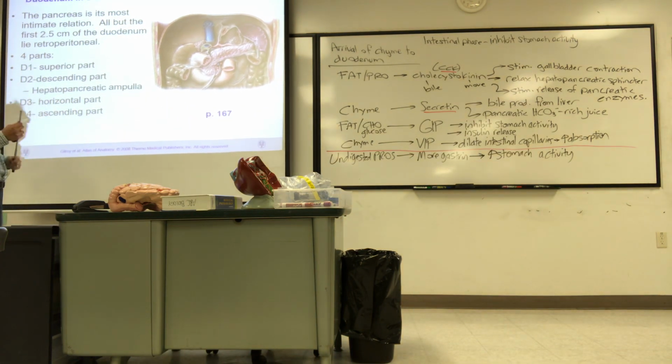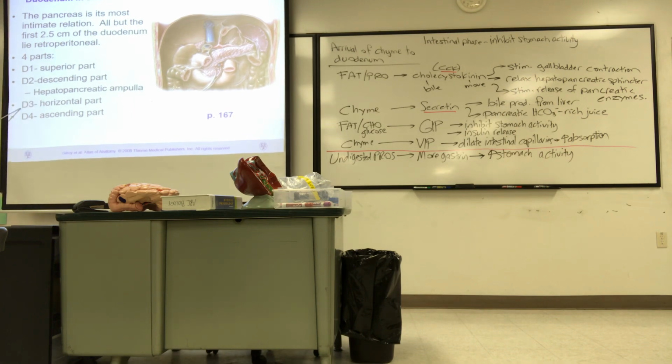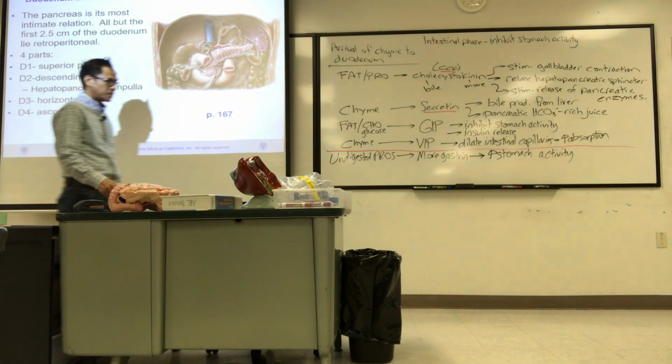You do not have to know these four parts, D1, D2, D3, D4, but be aware that D2 has this structure here. That structure is where the liver and pancreas will secrete their juices into the duodenum to mix with food to help digestion.